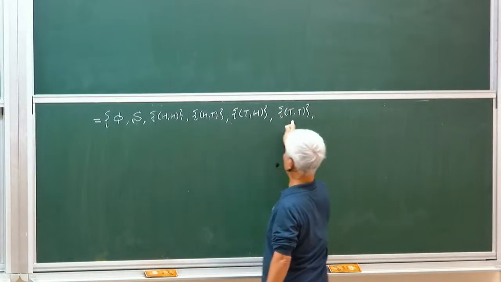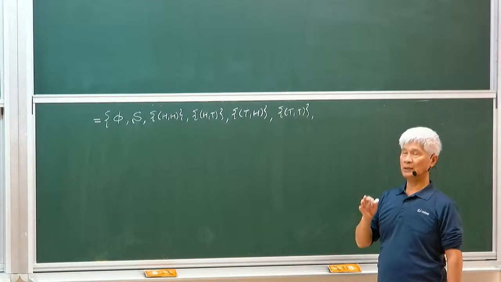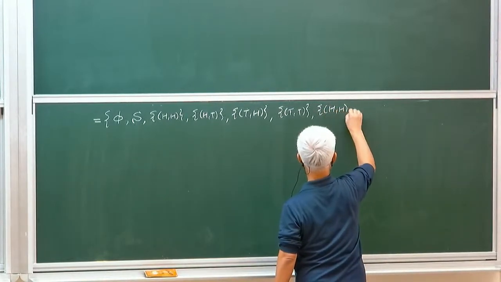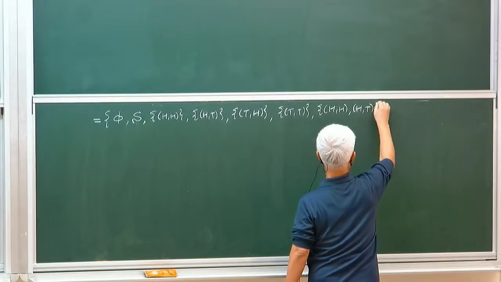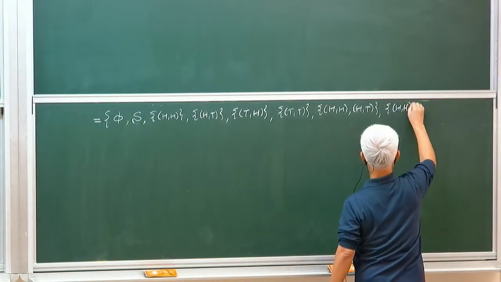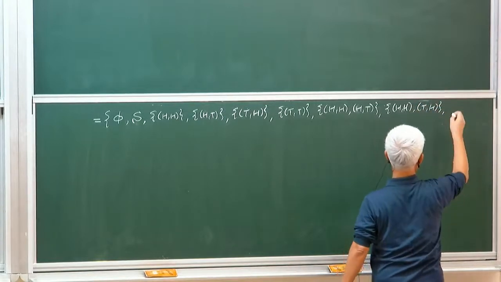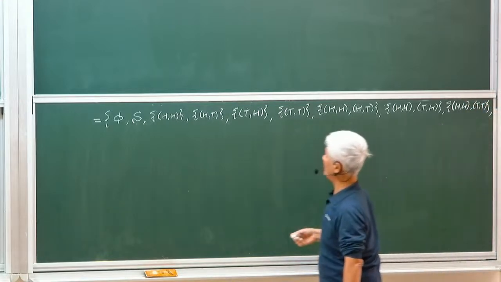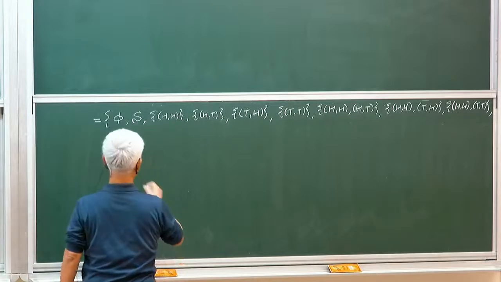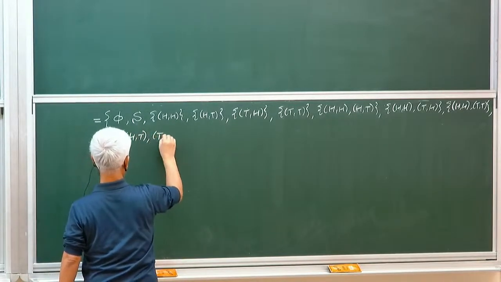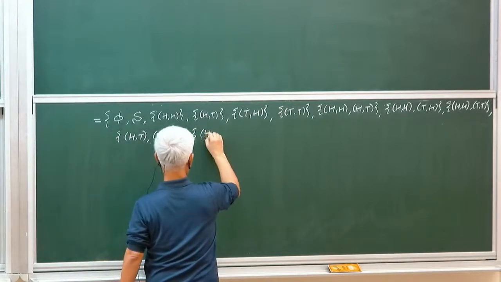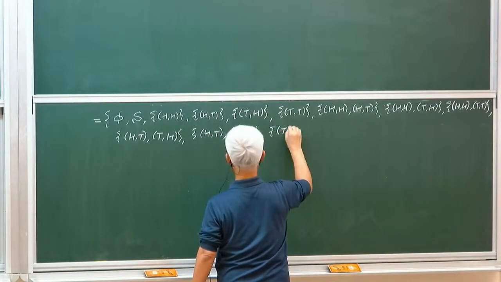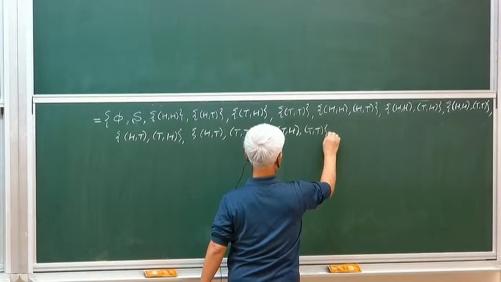So these 4 subsets consist of only one outcome each.